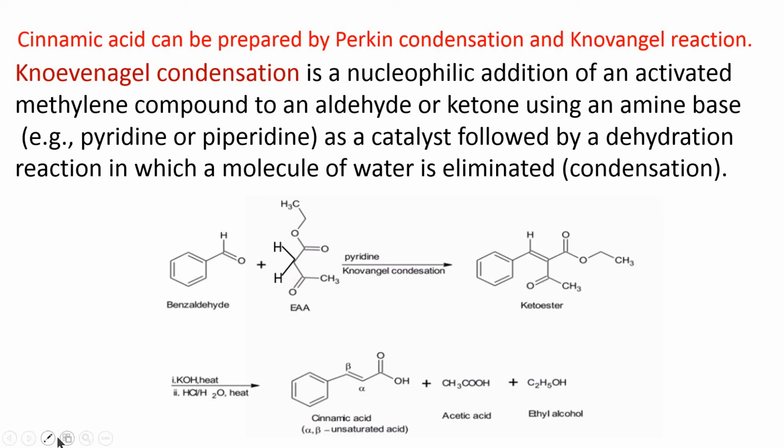Now in the net reaction, what happens here? These two hydrogens and the oxygen of the CHO group of benzaldehyde are removed as water. Then you will get this one.